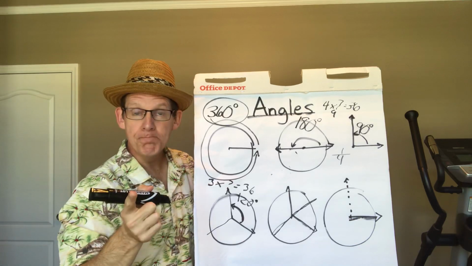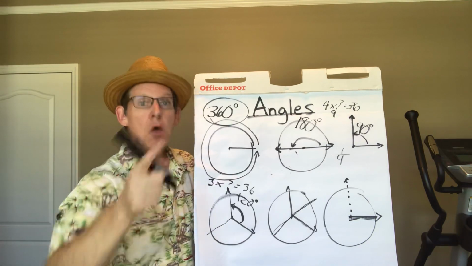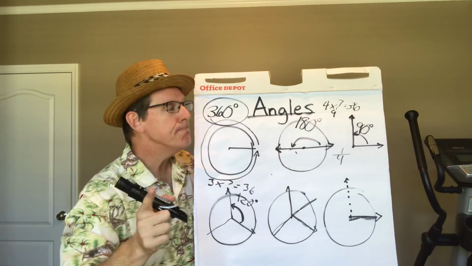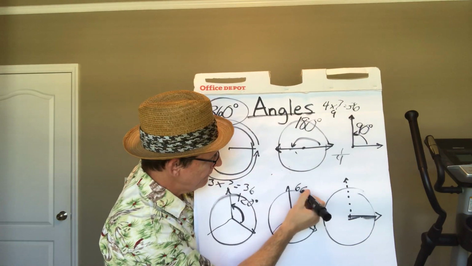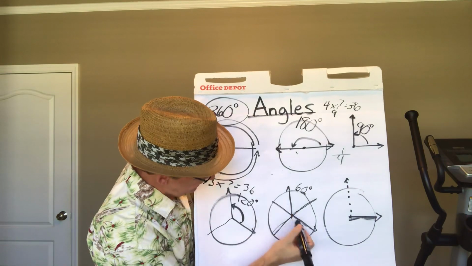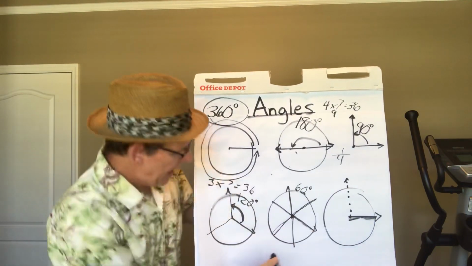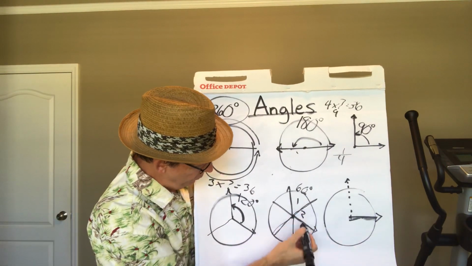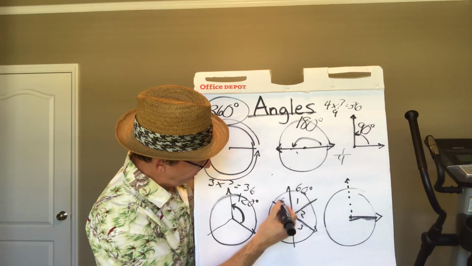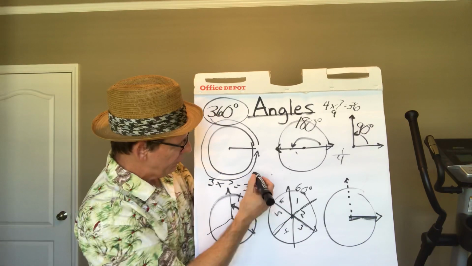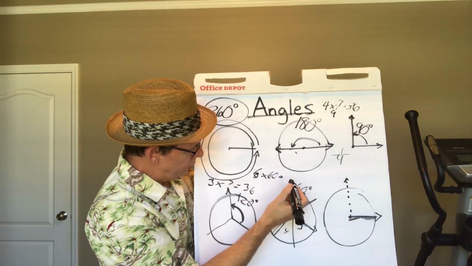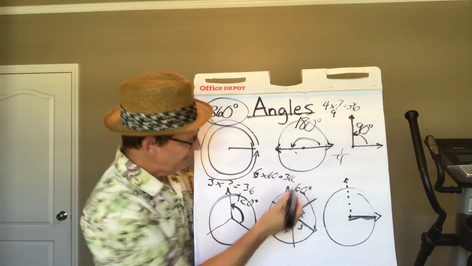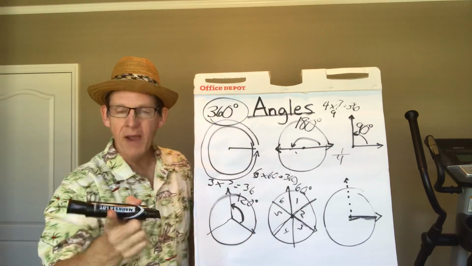Do you know? Half of 120 would be, that's right, 60. This is a 60-degree angle. And you'll notice I have 1, 2, 3, 4, 5, 6. Hey, you can think of it this way. 6 times 60 equals 360. We need to memorize that one.